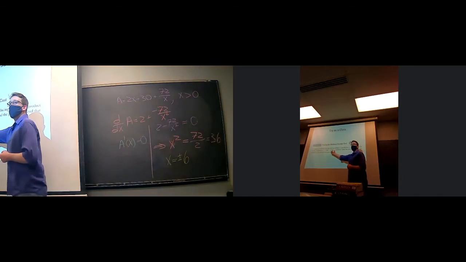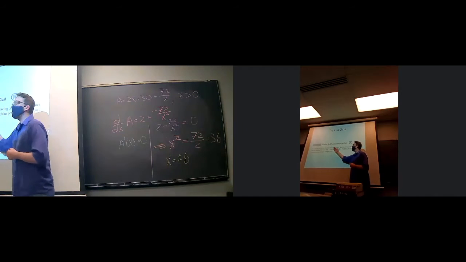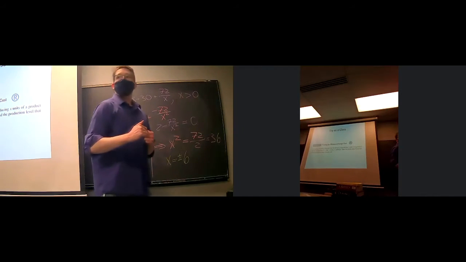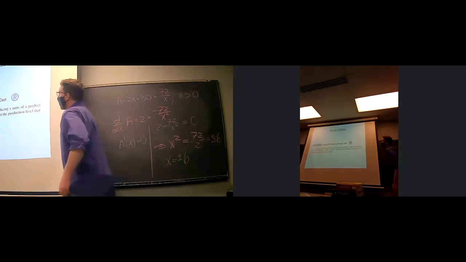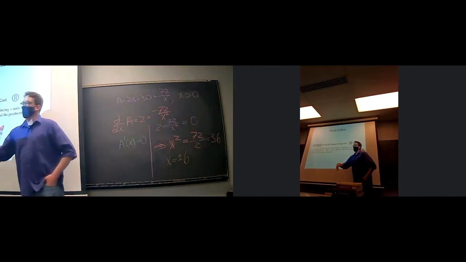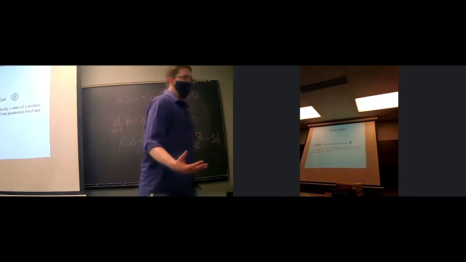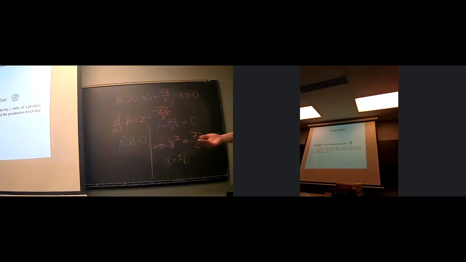So this is bulk cost, right? Average cost is going to be this divided by X. Agreed? If this function up here is bulk cost, that's the cost for everything, then the cost per item is going to be that divided by the number of items, or X.